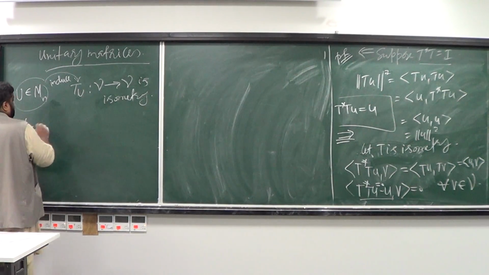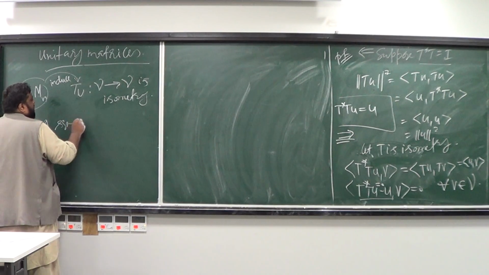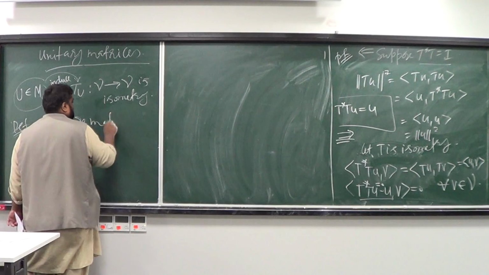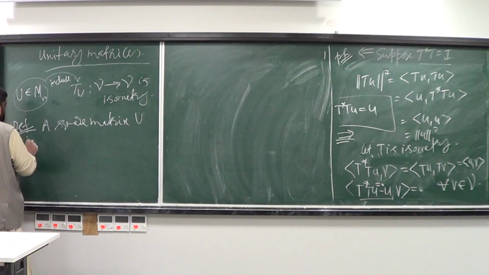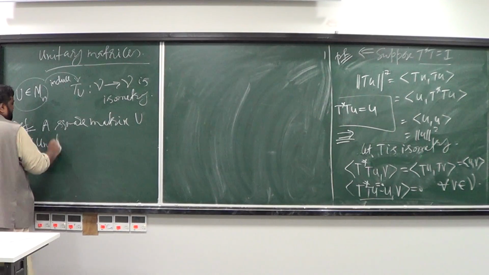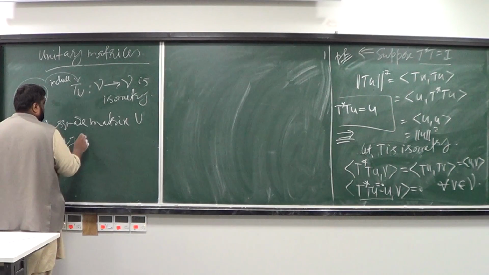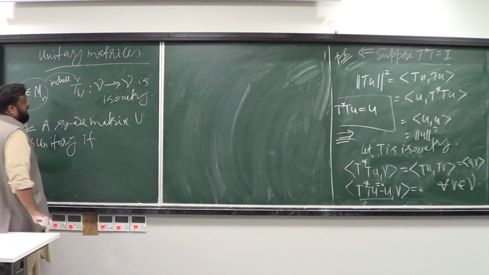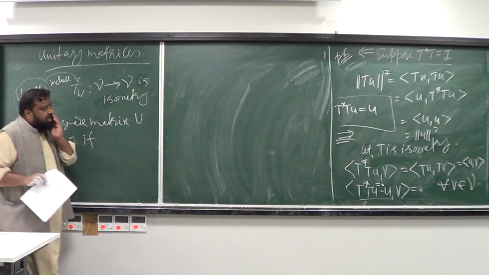So here's a clear definition. We say that a square matrix U is unitary if the corresponding T is an isometry.